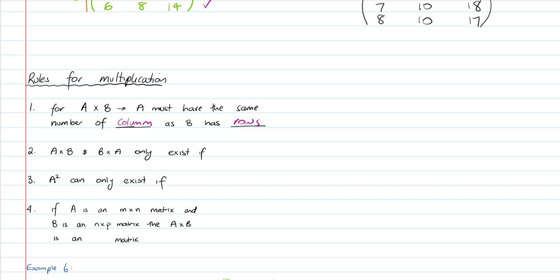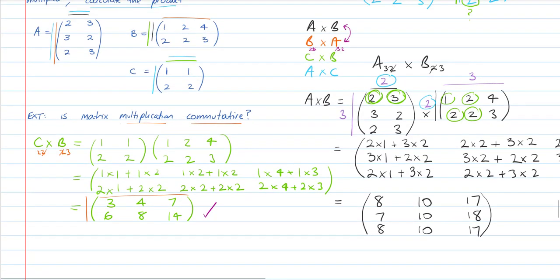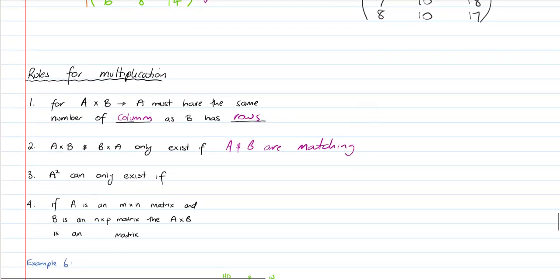A times B and B times A only exist if, and there's two options here, if A and B are matching squares, square matrices, or a little bit more technically, a little bit like the A and B up here. Remember this A and B up here? They weren't square matrices, but they were opposite rectangles. So we had a 3, 2 and then a 2, 3, and that meant that it worked.